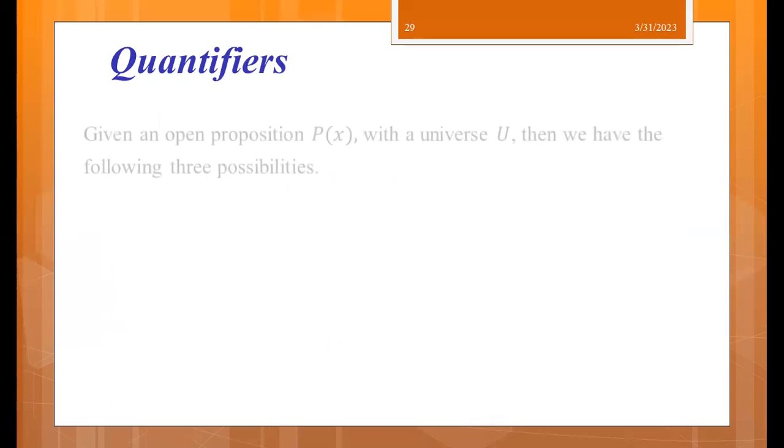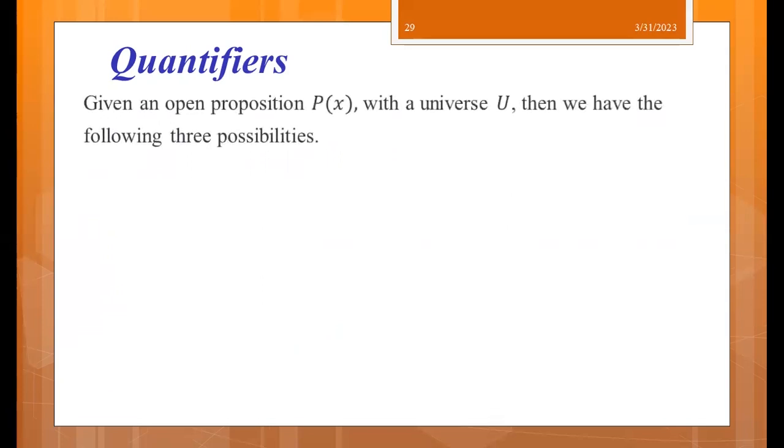Okay, the last section of this video will be about quantifiers. First, let us see what quantifiers are. Given an open proposition P of x with a universal set U, we have the following three possibilities.